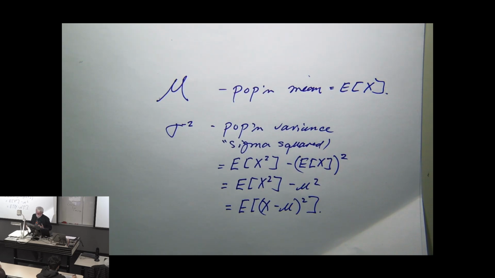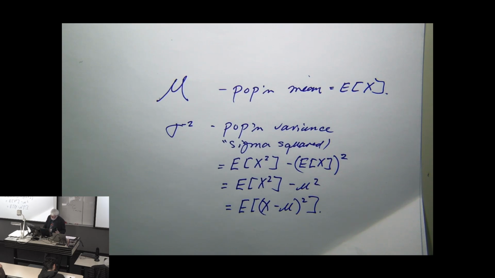So x minus mu is just a function of x, and this emphasizes the idea that variability is this measure of spread about the population mean, and therefore it's this idea that on average how far are our values of x from mu.